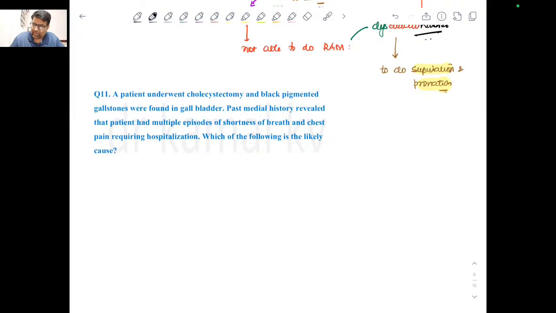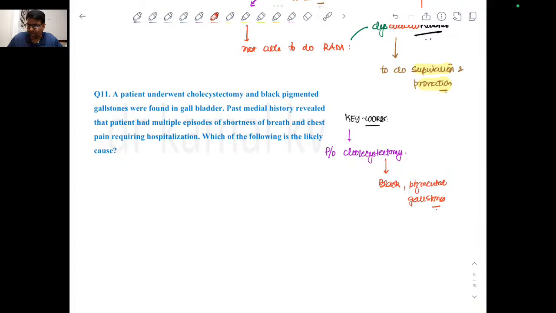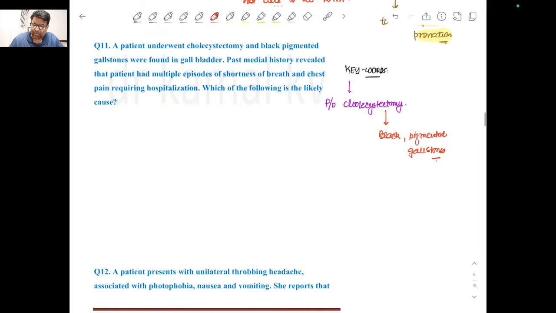Yes, so we can write the keywords first. Post-operative cholecystectomy means the gallbladder is surgically removed, and within the gallbladder what we can see? Black pigmented gallstones, right? So in the gallbladder.